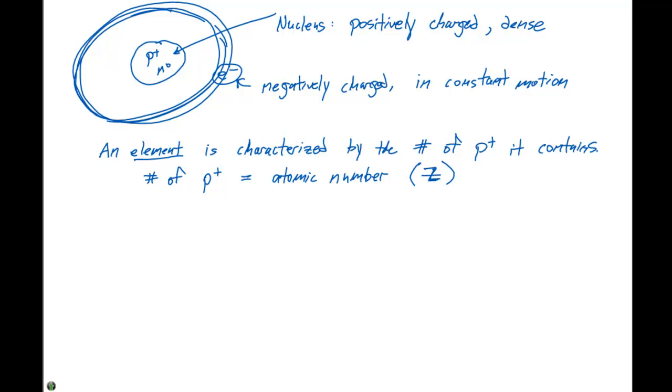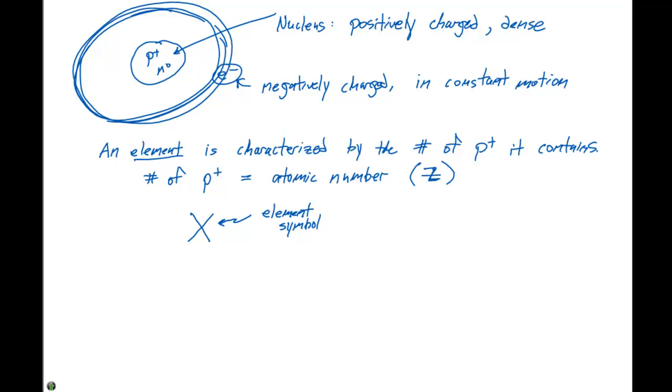We can now put together symbols for these particular elements, and they take on the following generic form. If we have an element symbol X, we need to now describe how many protons and neutrons there are in this particular element.